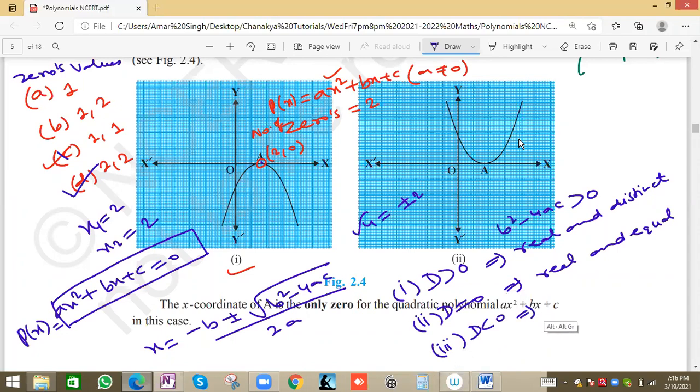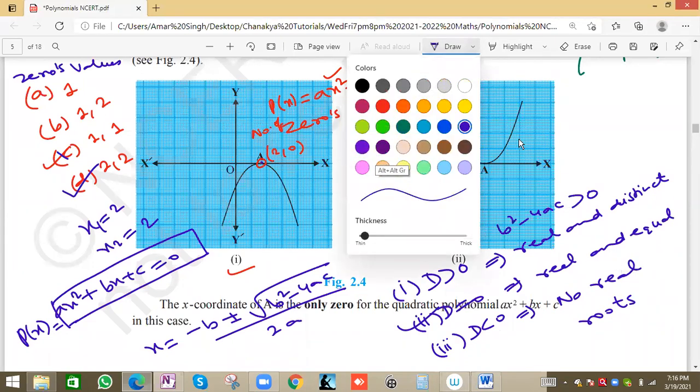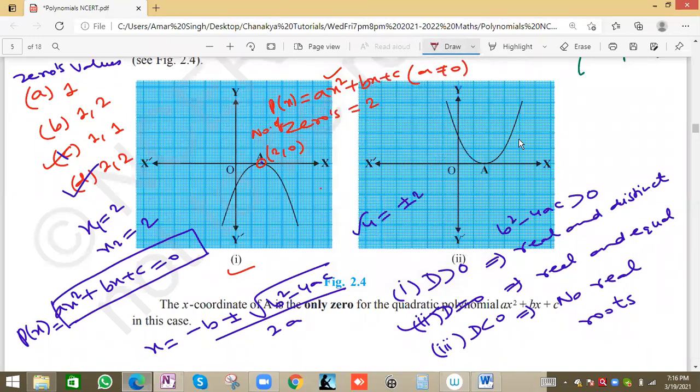This will be no real roots, or we can say imaginary roots. Fine? So the second case applies in both of these questions. So zeros will be 2, but both will be equal. For the second question, note these steps and please try it. The second one also has the same answer.